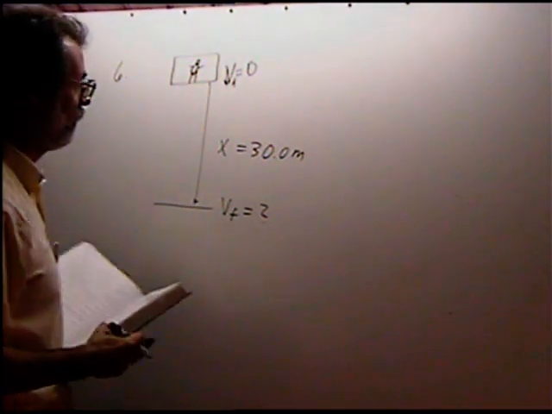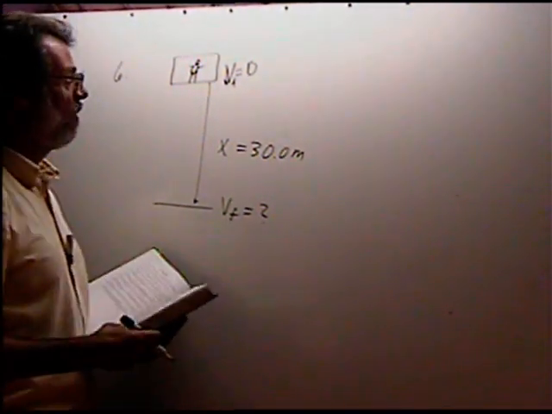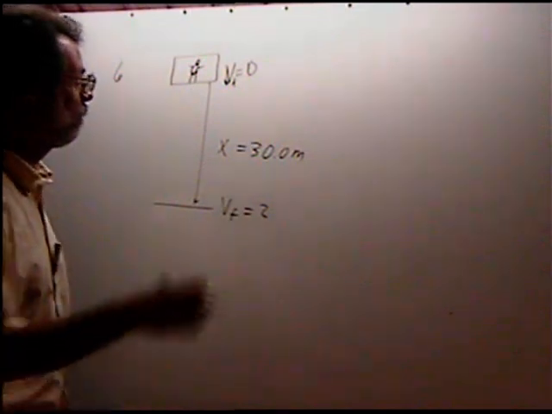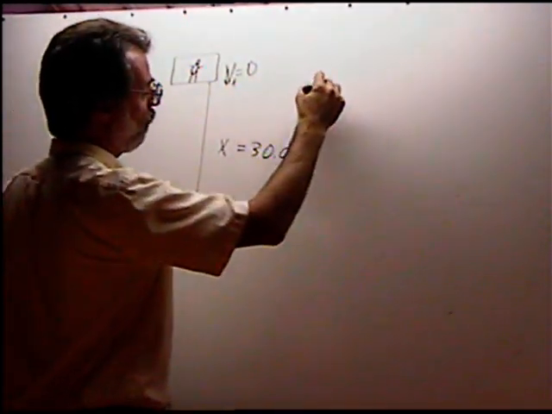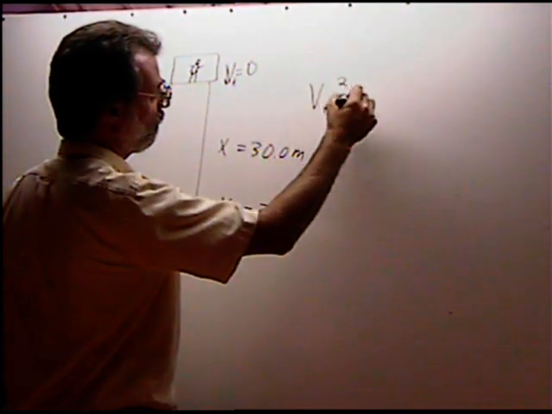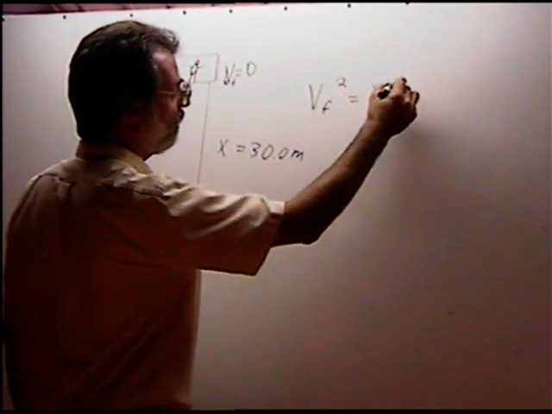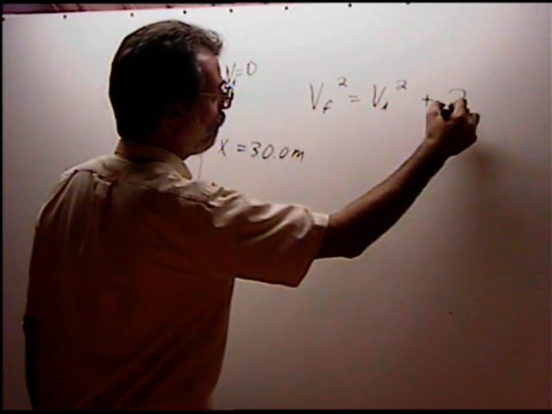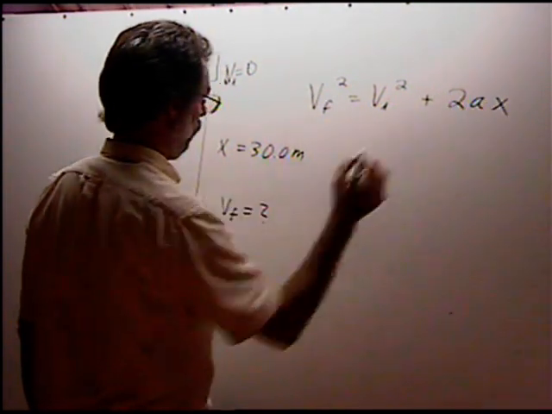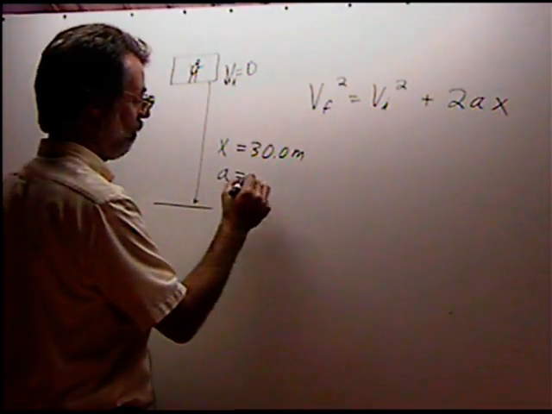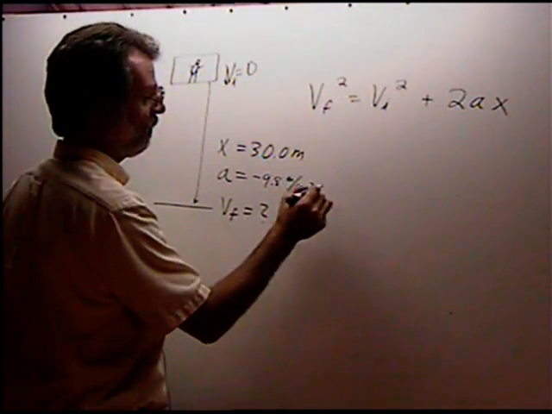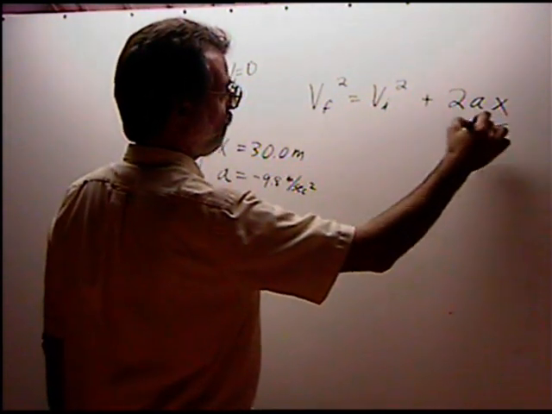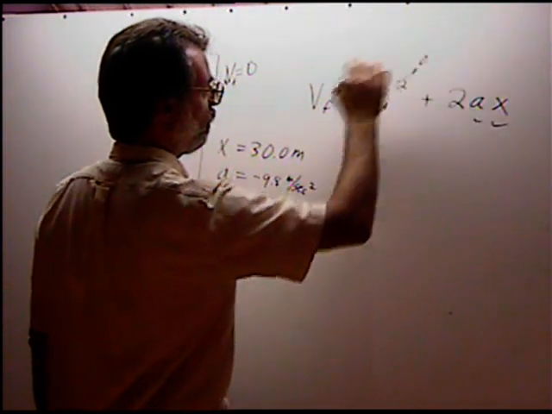Really, this is very similar to the previous problem. We don't know what the final velocity is. We know what the initial velocity is, and we know what the acceleration is. That's gravity. Acceleration is simply 9.8 meters per second squared. We know what the distance is, so we can solve for the final velocity.